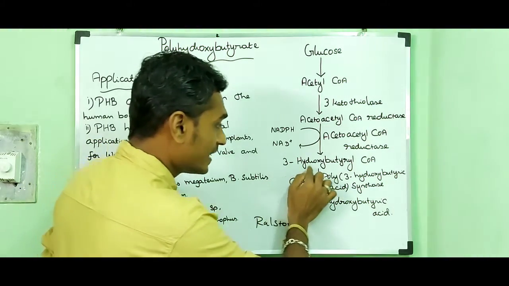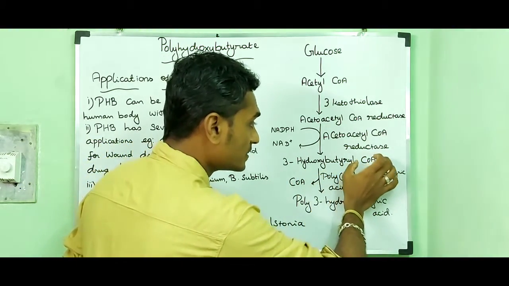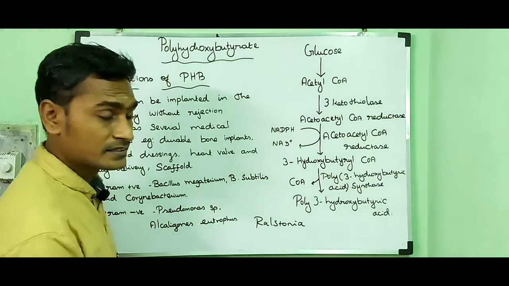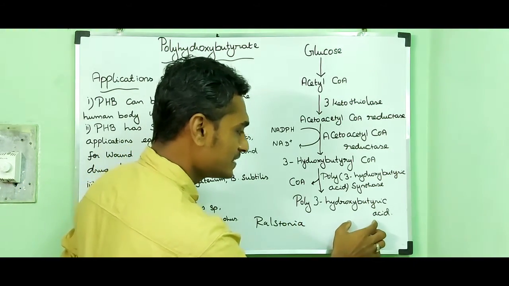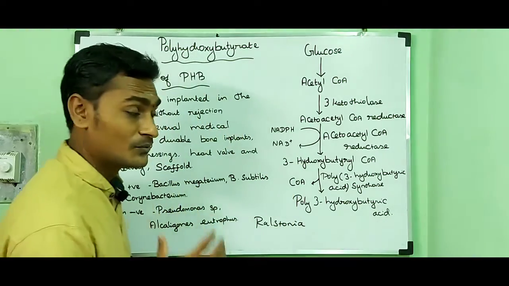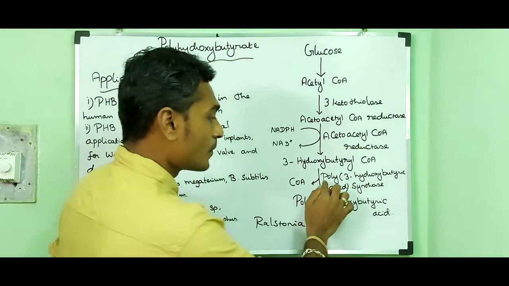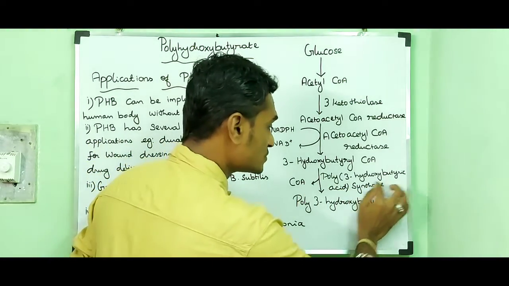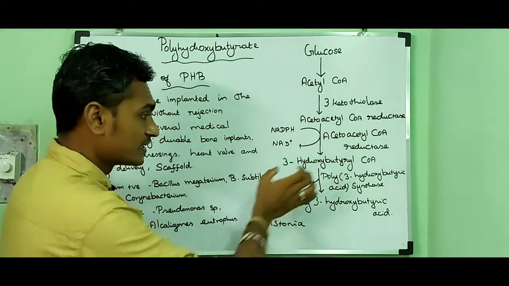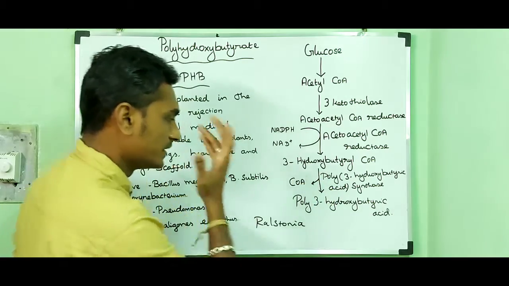Then this 3-hydroxybutyryl-CoA gets converted into poly-3-hydroxybutyric acid with the help of the enzyme polysynthase, that is poly-3-hydroxybutyric acid synthase. Here the coenzyme is removed.